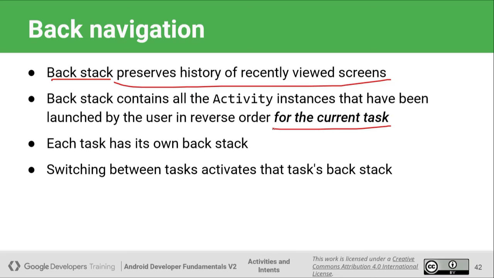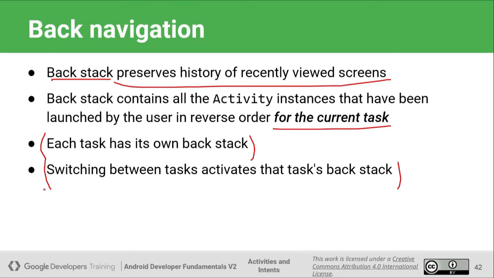Each task has its own back stack. This is the main point that needs to be remembered. Switching between tasks activates that task's back stack. So this is how we control navigation by using the system's default functionality in Android.